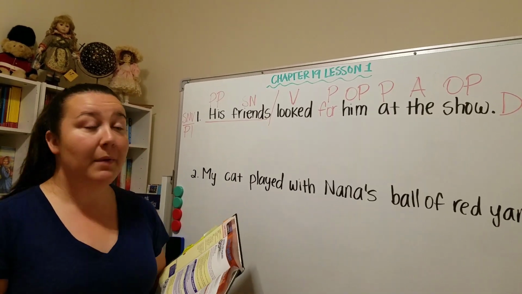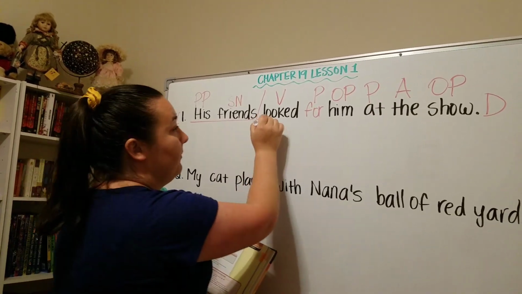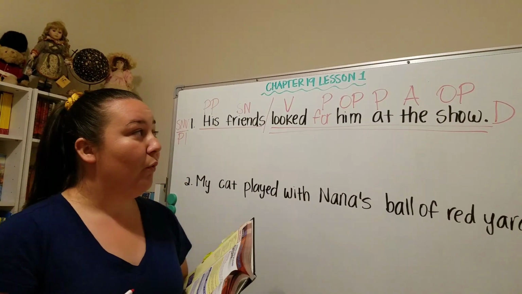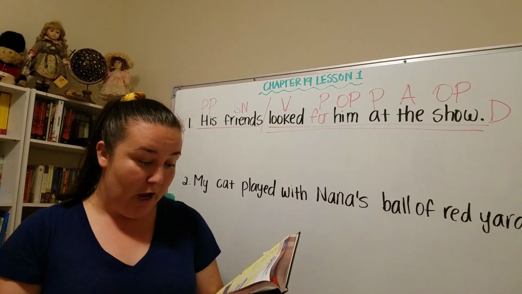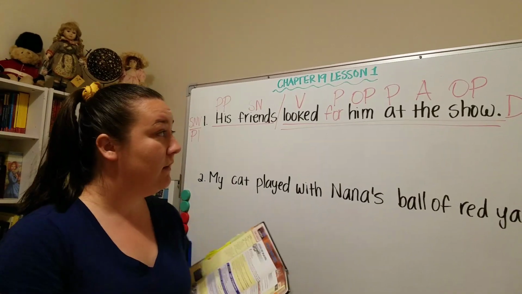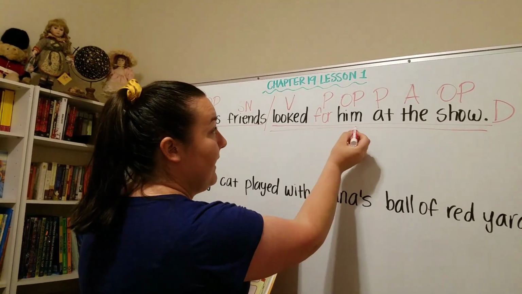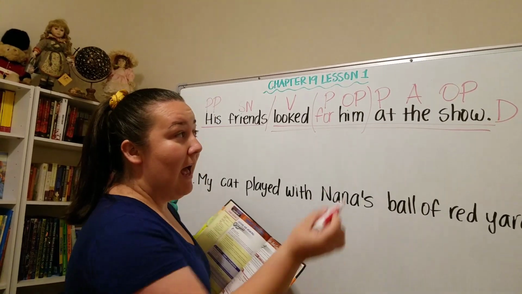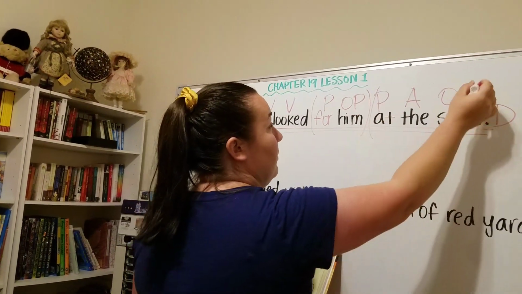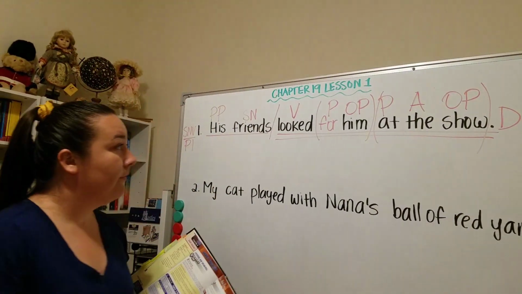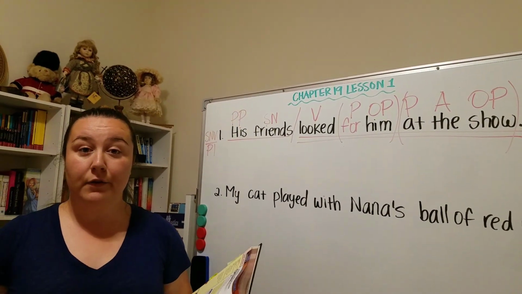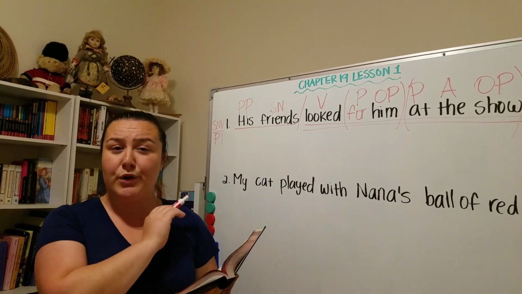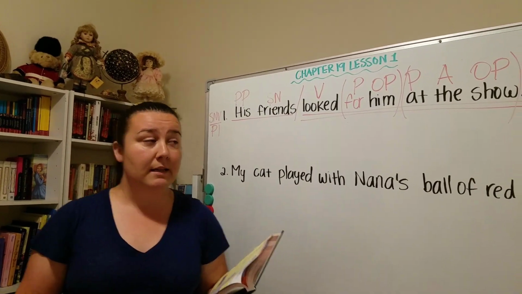Looked for him at the show. Now, what about prepositional phrases? For him and at the show. And that is our first classified sentence. If you need help with that or you were confused with anything, please let me know.